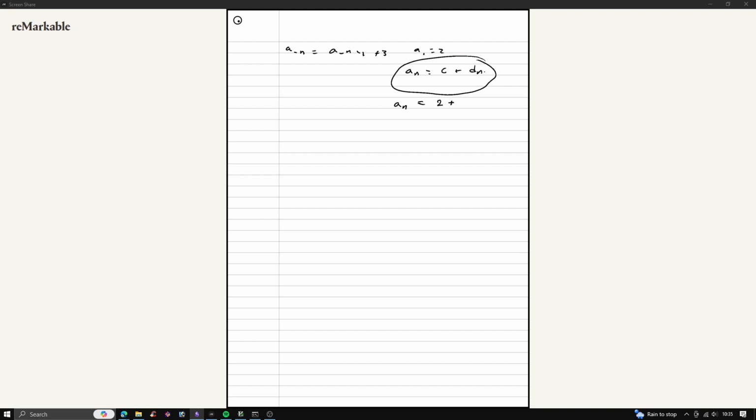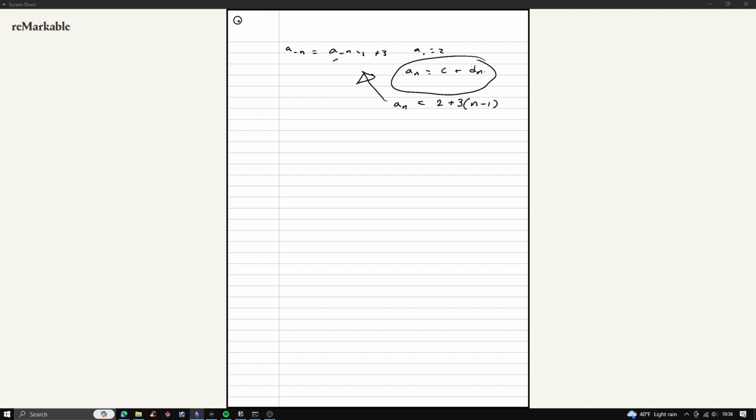So it can't be 3n, because at a of 1, it would be 5 already. And that's too fast, because a of 1 is 2. So n minus 1. And now we have a formula that fits with this.